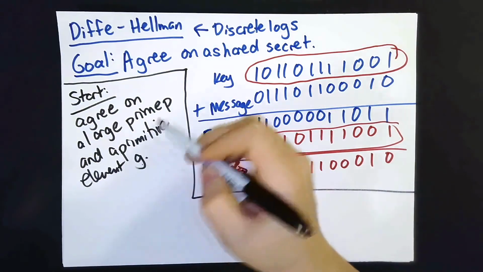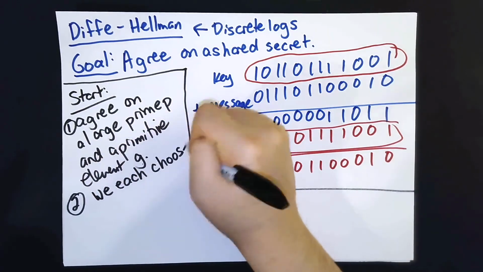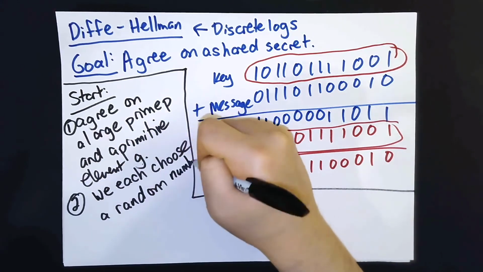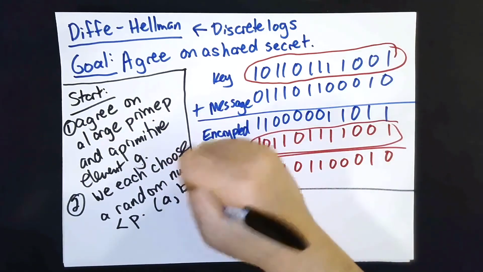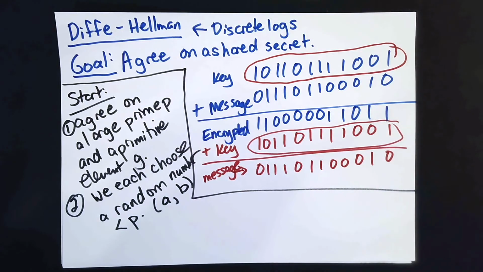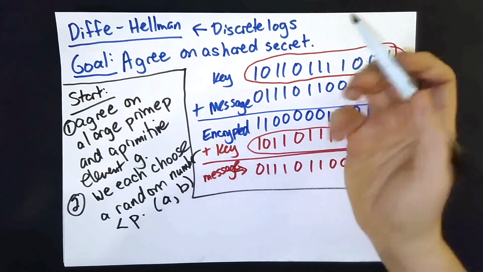This is the primitive element, this is the prime. Each of us is going to choose a random number less than the prime. So I'm going to call the numbers we choose A and B. Again, following the convention that usually when two people are talking to each other via a cryptosystem, we call them Alice and Bob, so I'm just going to honor that in A and B.